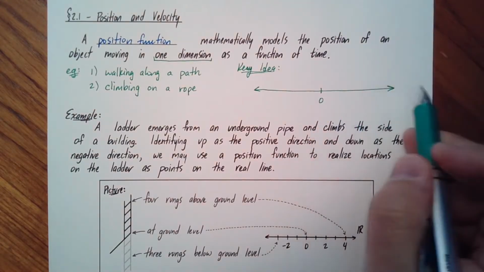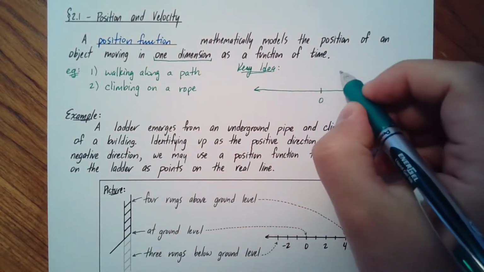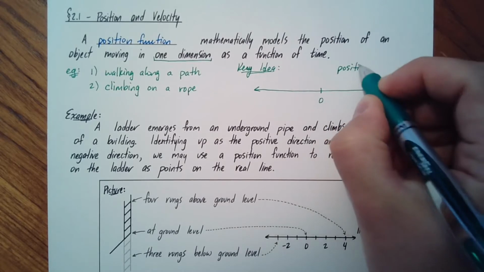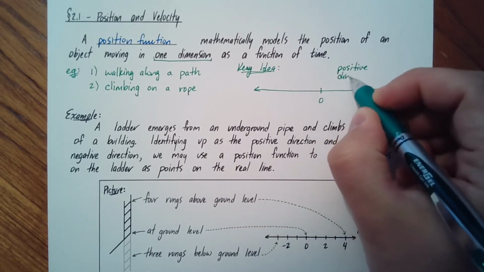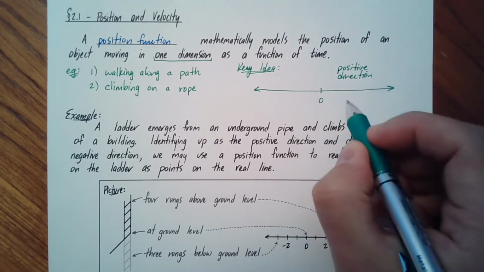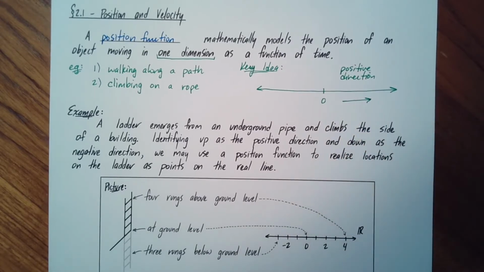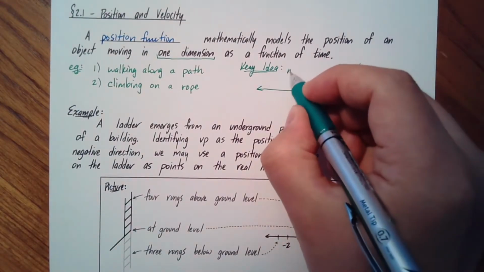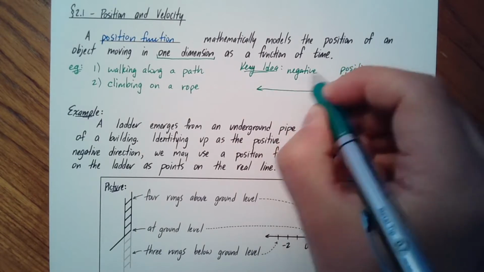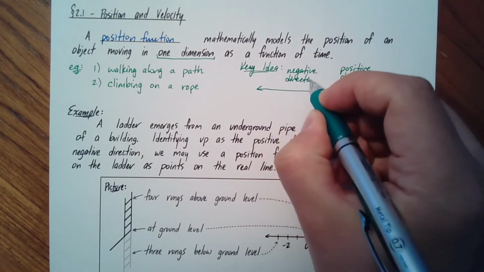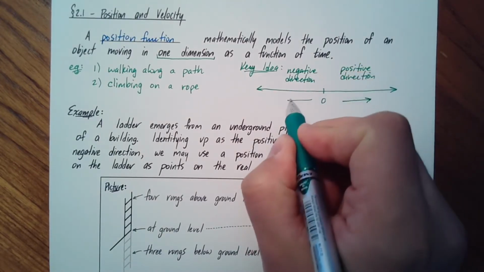So to the right of 0, or to the right of the origin, we have a positive direction, which means you're moving this way. Okay, and you also have a negative direction, which is the other half of the real line.